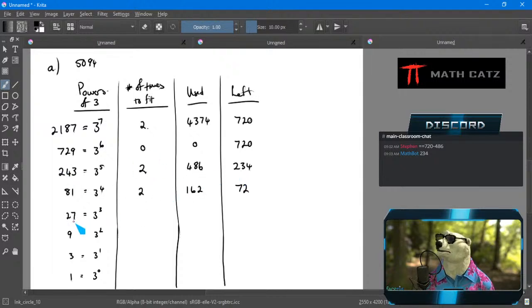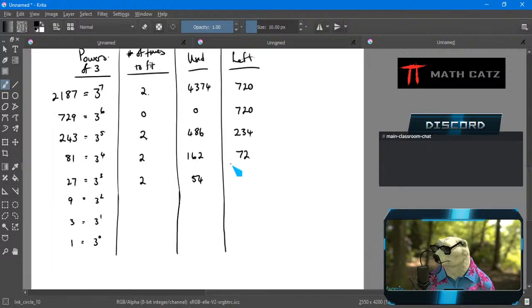Then I have 27 left. How many 27s can fit into 72? Well, 2 of them using 54. So the smaller these numbers get, the easier my arithmetic is going to get, and I have more confidence. Then I have used, sorry, no, I've used 54. I have 18 left.